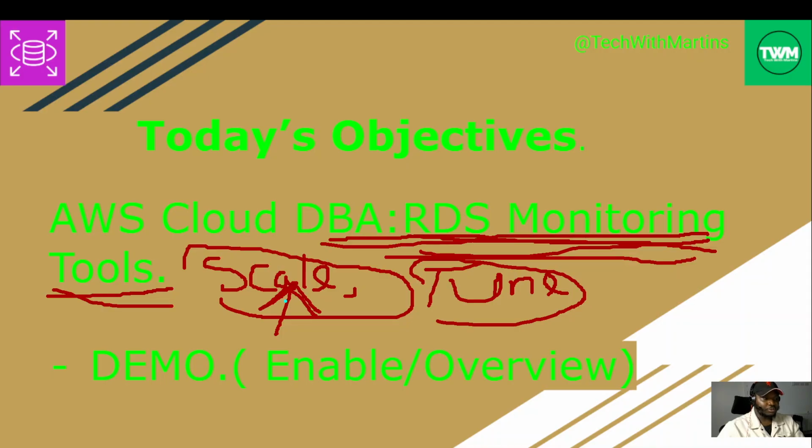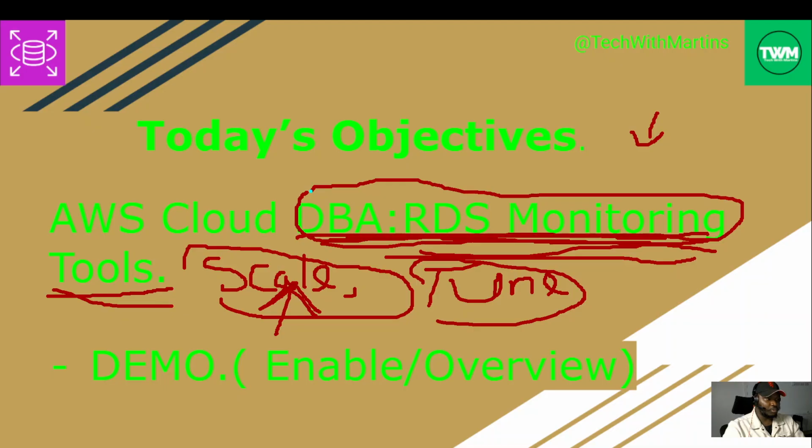So if you had a monitoring tool available to monitor your storage, and when storage is nearing a threshold, you are able to increase storage. That's the reason why I specifically mentioned that RDS monitoring, like monitoring whatsoever the instances, whether it's a cloud database administration or on premises, you monitor before you take a decision on scaling or tuning.